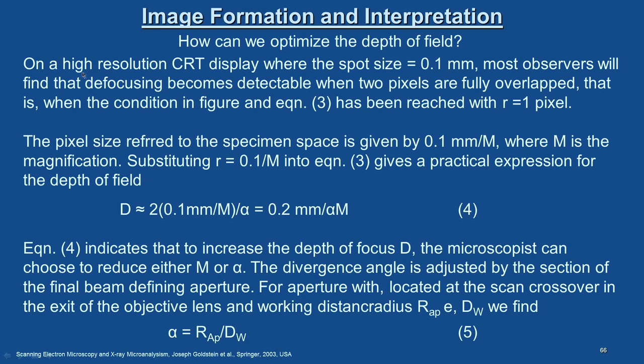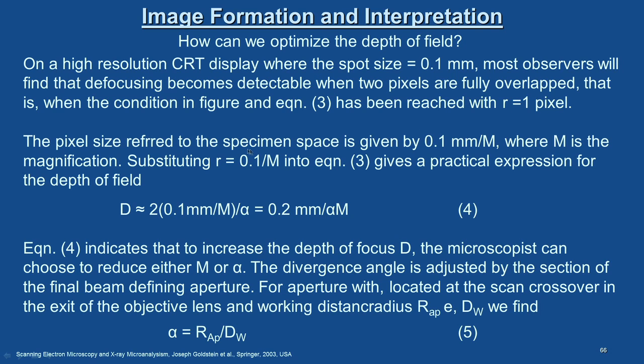On a high resolution CRT display where the spot size is 0.1 mm, most observers will find that defocusing becomes detectable when the two pixels are fully overlapped. That is, when the condition in the figure and equation 3 has been reached with r equal to 1 pixel.